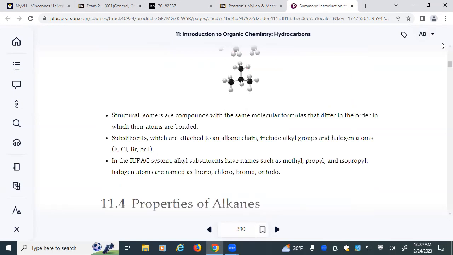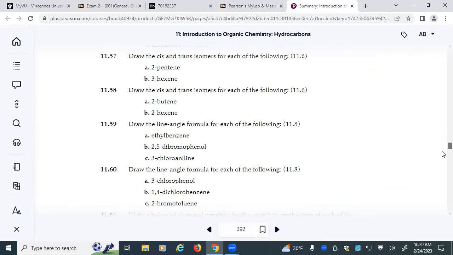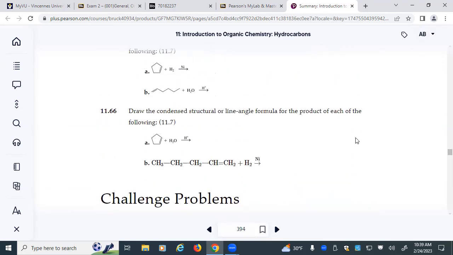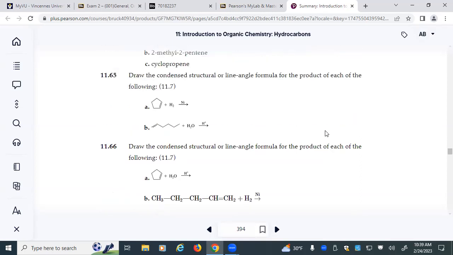All right, so let's look. Questions like these. We've got two different kinds of reactions here. This first one we should recognize pretty easily. Anytime we see a reaction with hydrogen and some kind of a metal, we know that we're dealing with a hydrogenation reaction.